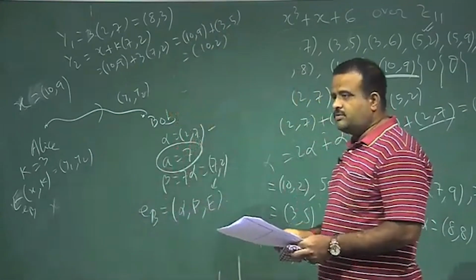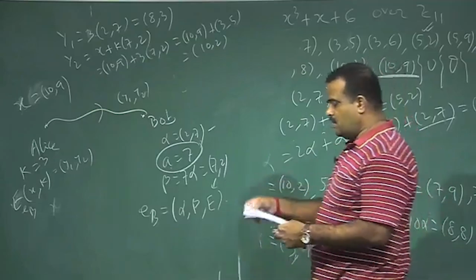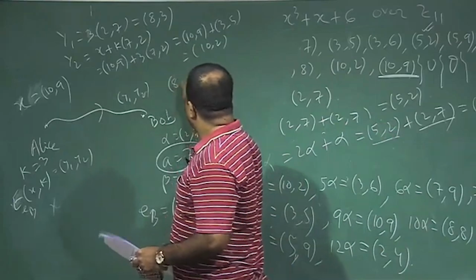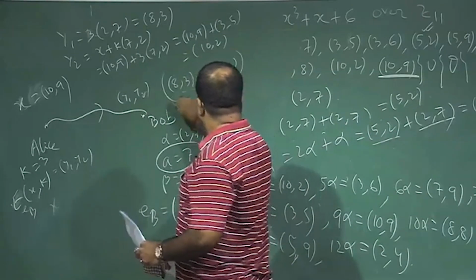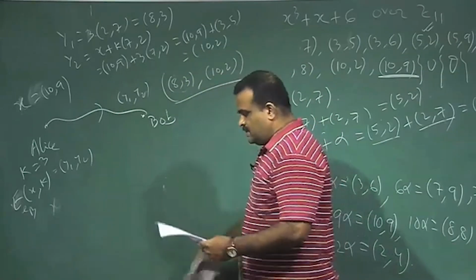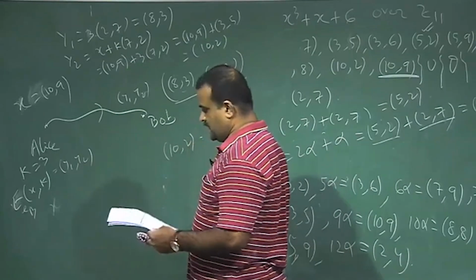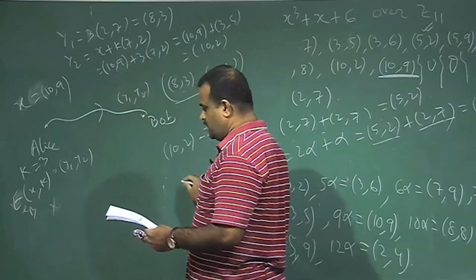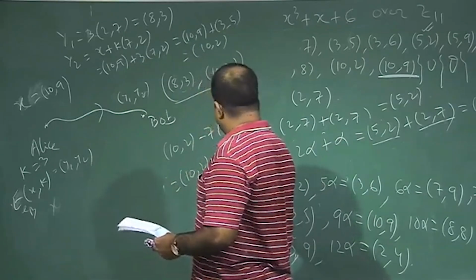So this (Y1, Y2) is sent to Bob, and upon receiving it, how will Bob get the message back? Bob is receiving (8, 3) and (10, 2). This is the ciphertext Y1, Y2. So what will Bob do? Bob will simply compute Y2 minus 7 times (8, 3), so this will be (10, 2) minus (3, 5).